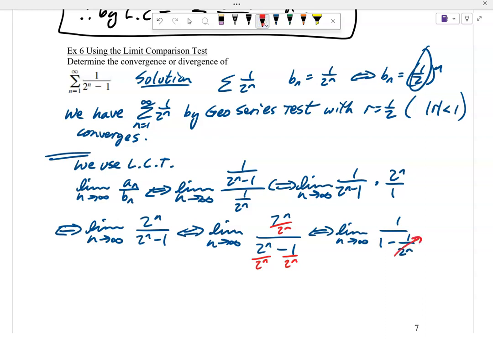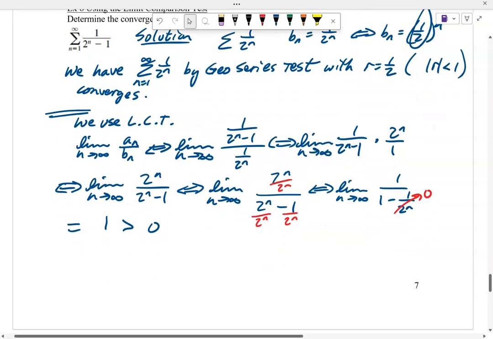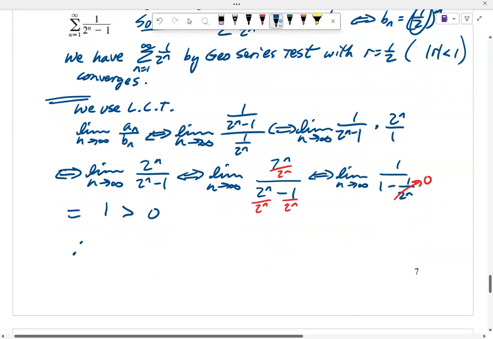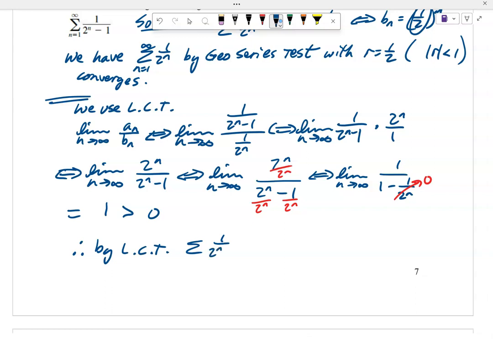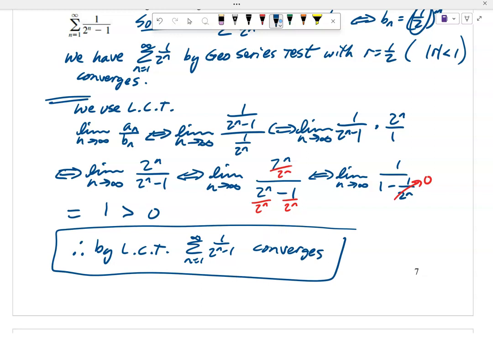Well, now that'll go to 0. And so this just ends up being 1 over 1 minus 0. So 1 over 1, which is positive. Therefore, it converges just like that 1 over 2 to the n converged by the geometric series test.